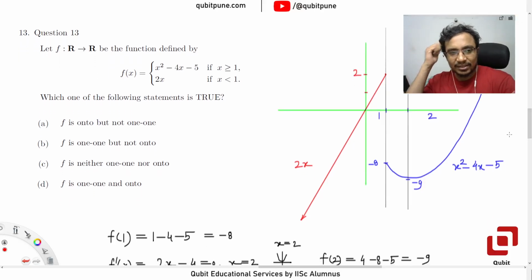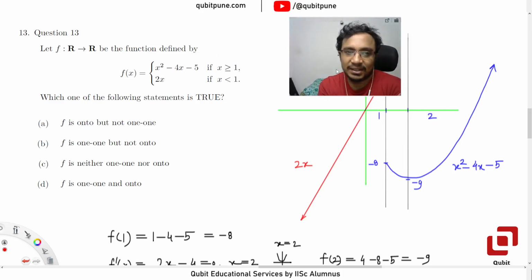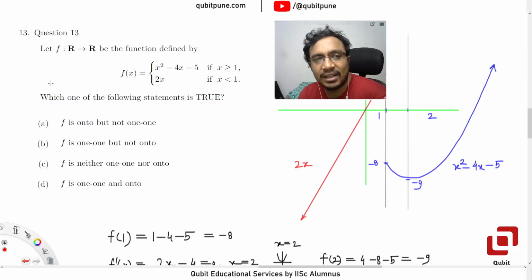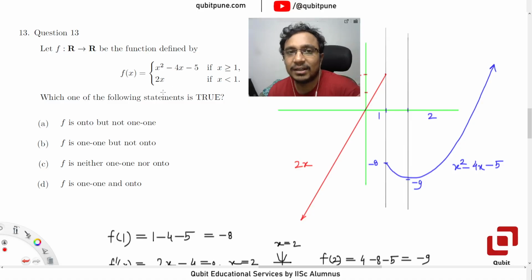I found question 13 a bit above the other questions. Definitely not very difficult. तो इसमें आपको ग्राफ से बहुत ही आसान हो सकता है अगर आपने ग्राफ्स निकाले. At least that is my approach. तो इन्होंने यहाँ पे कहा है कि एक फंक्शन है x पीस वाइज डिफाइंड है x² - 4x - 5 if x is greater than or equal to 1 and if it is 2x if x is less than 1. तो x less than 1 का ग्राफ निकालना बहुत ही आसान है.